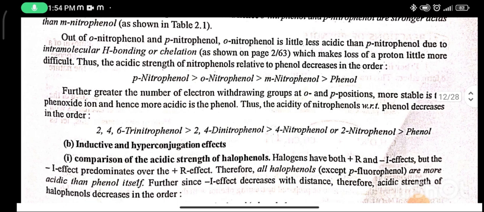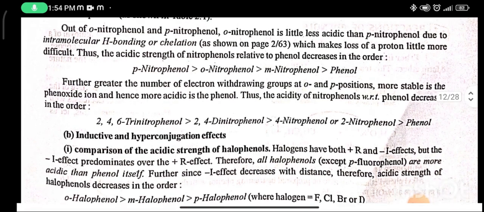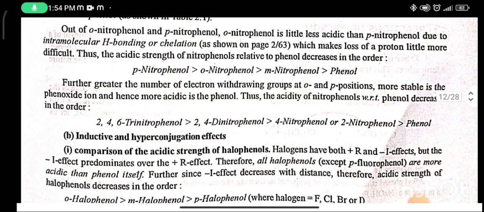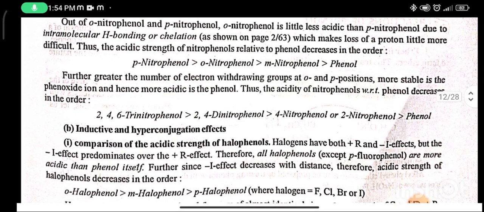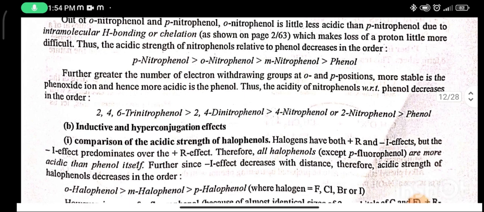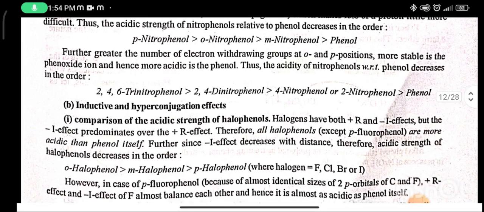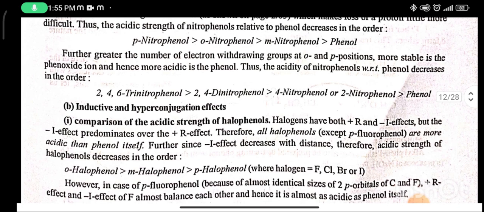Of orthonitrophenol and paranitrophenol, orthonitrophenol is less acidic than paranitrophenol due to intramolecular hydrogen bonding or chelation, which makes loss of proton a little more difficult. Thus, the acidic strength of nitrophenols relative to phenol decreases in the order paranitrophenol greater than orthonitrophenol greater than metanitrophenol greater than phenol.